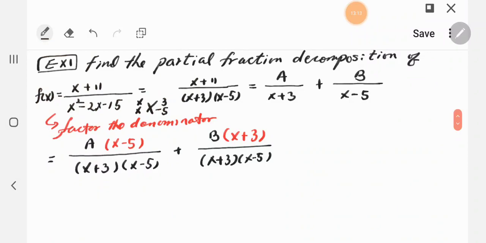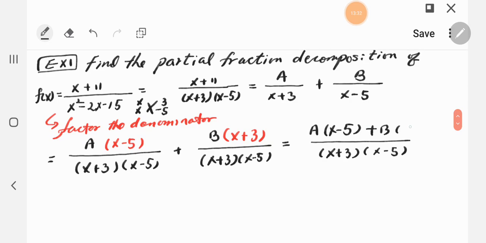All right. Then let's combine these two fractions. So we have x plus 3, x minus 5 in the denominator. Then the numerator is a times x minus 5 plus b times x plus 3.